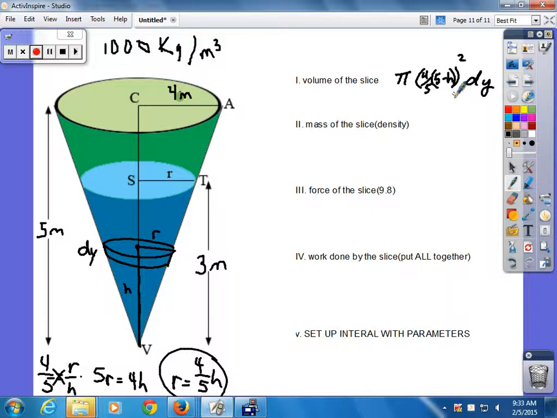So what do we do here? We take this and combine it with what? Density, which is 1,000 kilograms per meter cubed. So it's just going to be 1,000 times that. So that's going to be 16/25 pi times (5 minus H) quantity squared, multiplied by 1,000 dy.